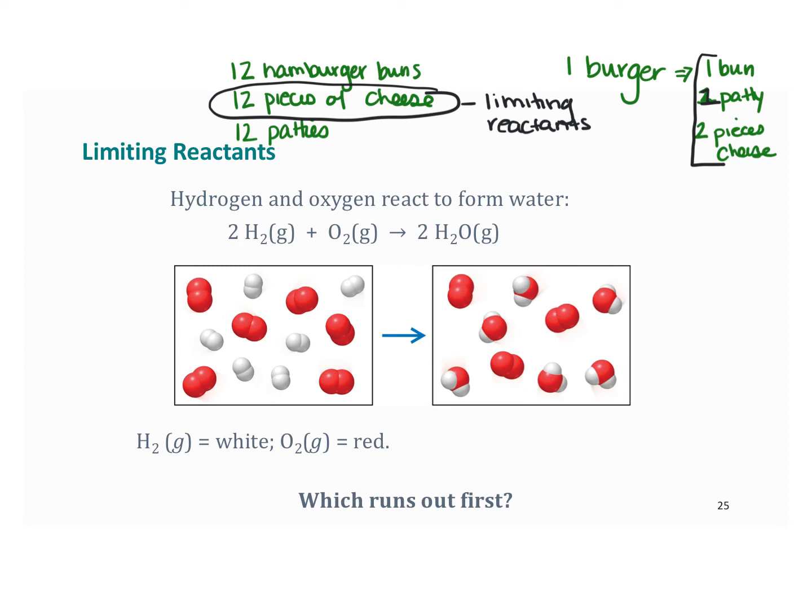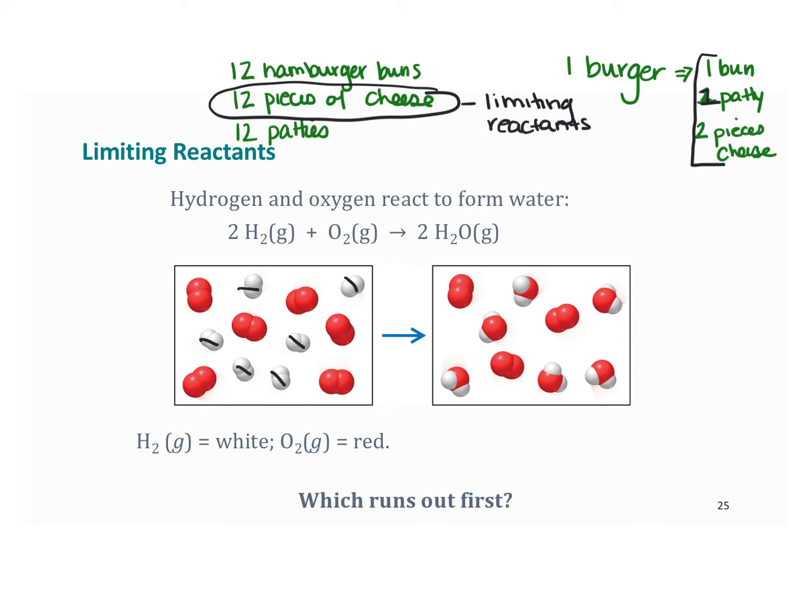Now, we can also look at this visually. So visually, what you can see here is hydrogen gas is white, and then oxygen gas is red. And so if we were looking at this visually, and we have 1, 2, 3, 4, 5, 6 molecules of oxygen gas, and 1, 2, 3, 4, 5, 6 molecules of hydrogen gas, we're going to use up those 6 molecules of hydrogen gas.